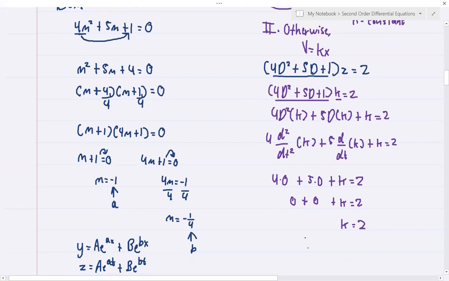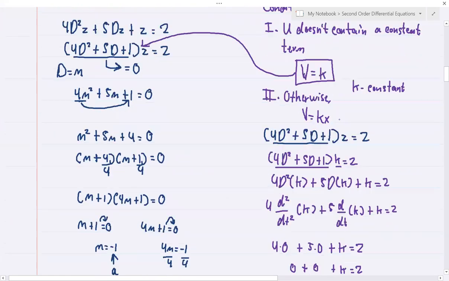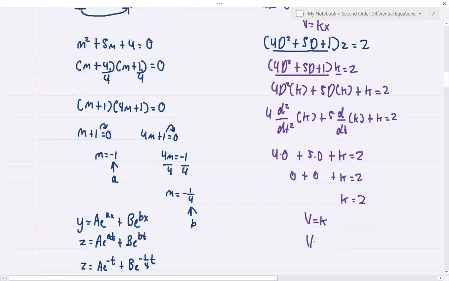And remember that your v is equal to your k. Therefore, your v is equal to 2.